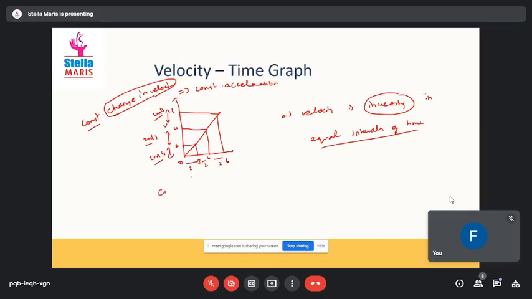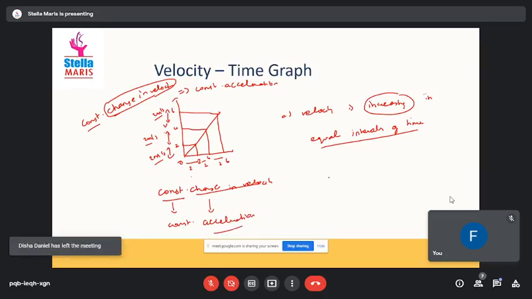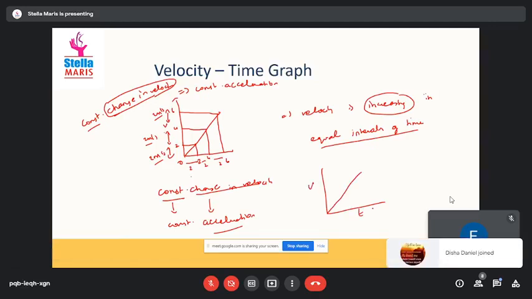What you're saying is right. Constant change in velocity is happening. I can say that constant change in velocity is what? Acceleration. So the body is moving with constant acceleration.